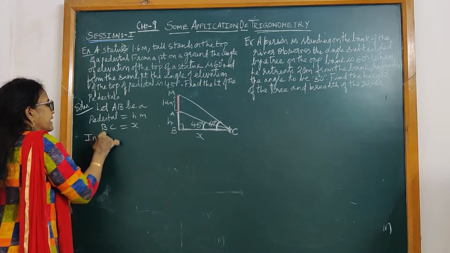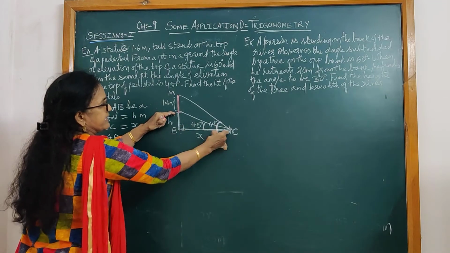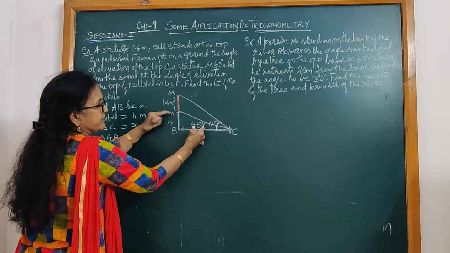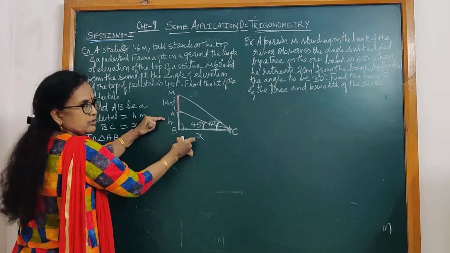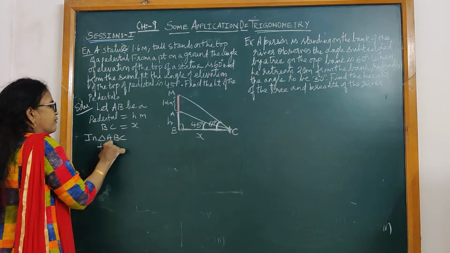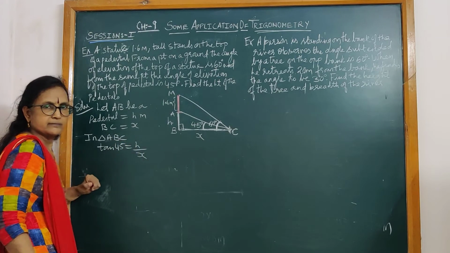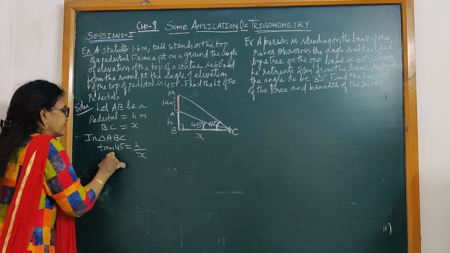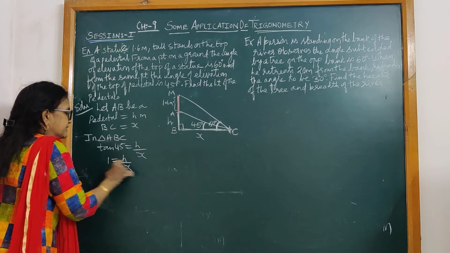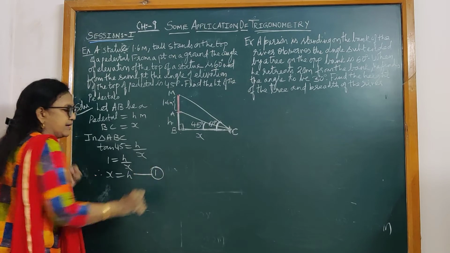In triangle ABC, the angle is 45. Again this ratio, opposite upon adjacent is tan. So the ratio becomes tan 45 is equal to h upon x. Now tan 45 is 1, equal to h upon x. Therefore x is equal to h. Give it as 1.